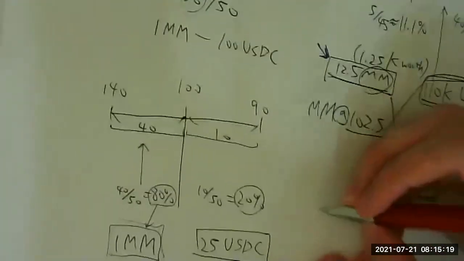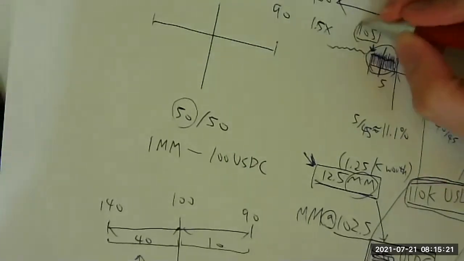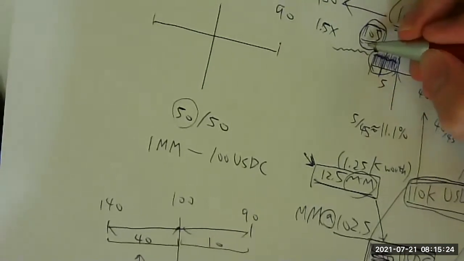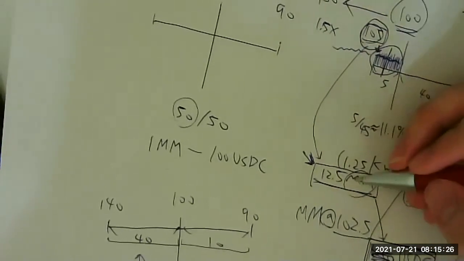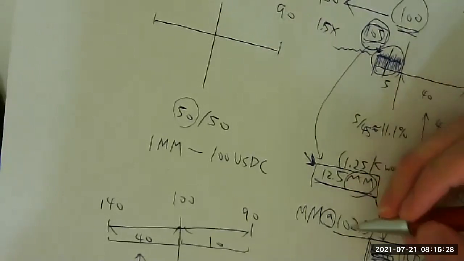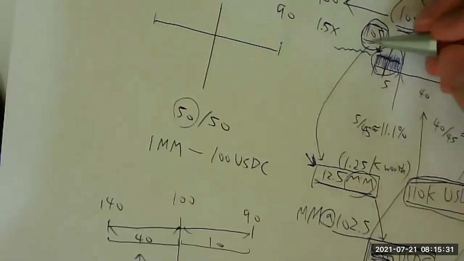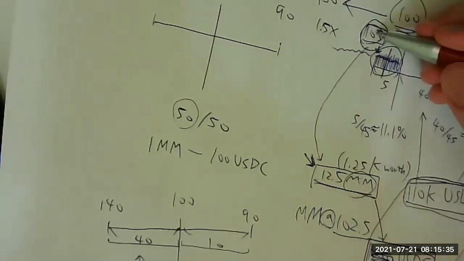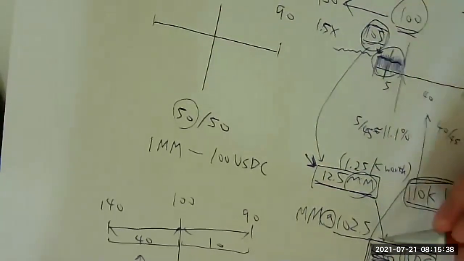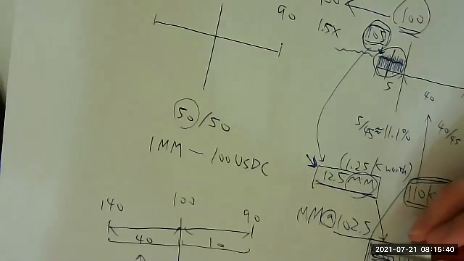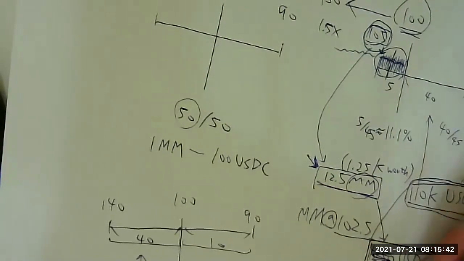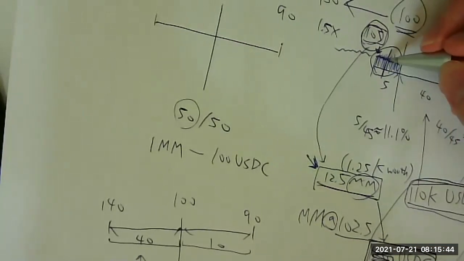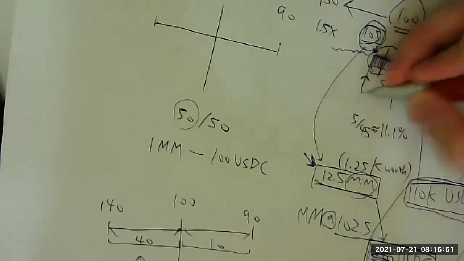So at this specific point, each of the MM will be worth 105. So 12.5 times 105 is obviously much greater. Well, not much, but will be greater than this, because if you set up the liquidity, you'll be selling on the smooth curve instead of the specific point here, right?